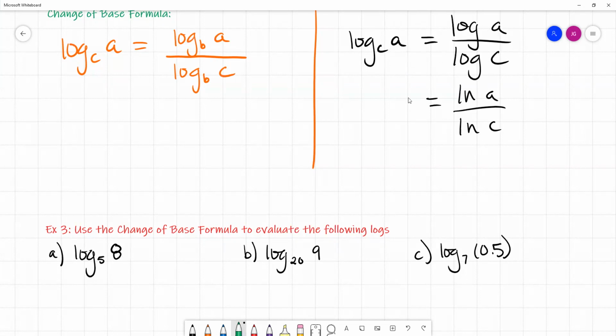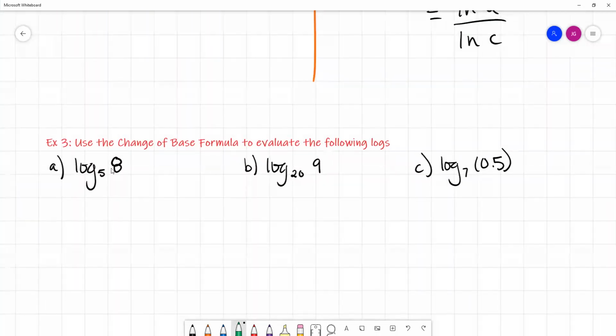So it becomes log of 8 divided by log of 5. You can think of it this way: log of the input divided by log of the base. So log of 8 divided by log of 5, the base.